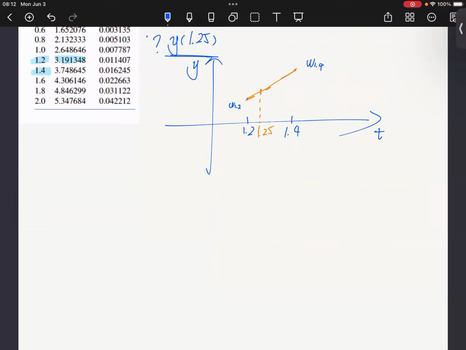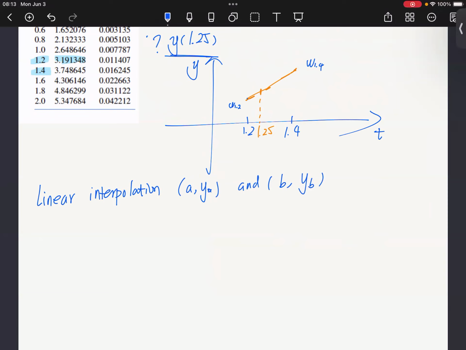This is something from 104A, linear interpolation between 2 points. Say we have 2 points, a and y_a, and b and y_b, and we want to do linear interpolation between them.